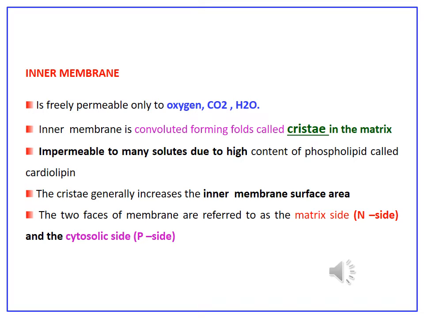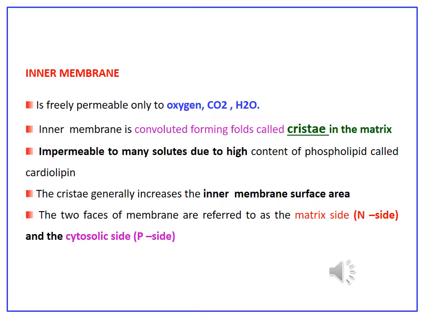The inner membrane of mitochondria is freely permeable only to oxygen, carbon dioxide and water. The inner membrane is convoluted, forming folds called cristae in the matrix. It is impermeable to many solutes due to its high content of the phospholipid called cardiolipin.